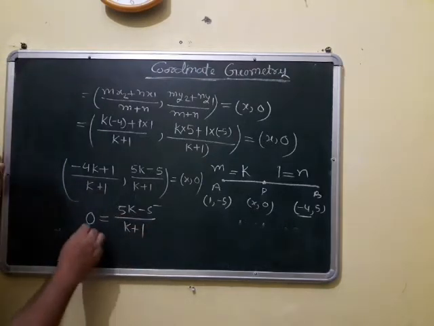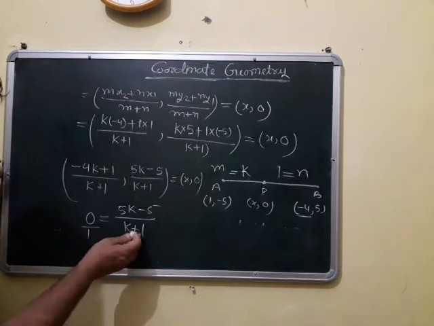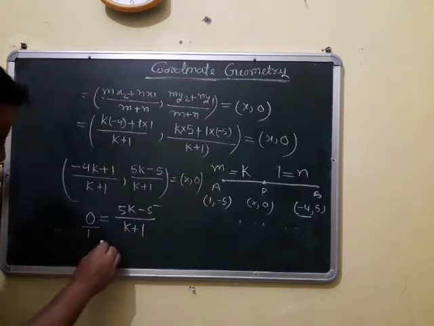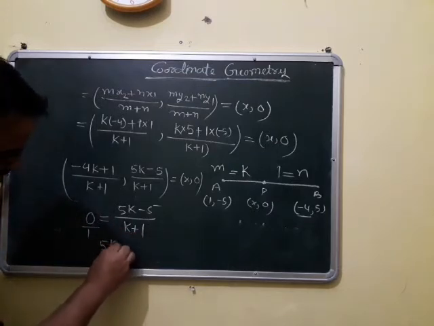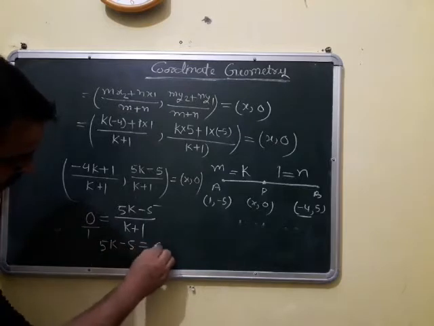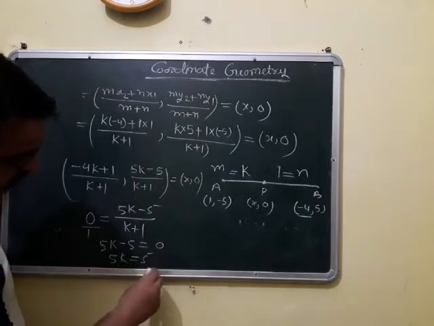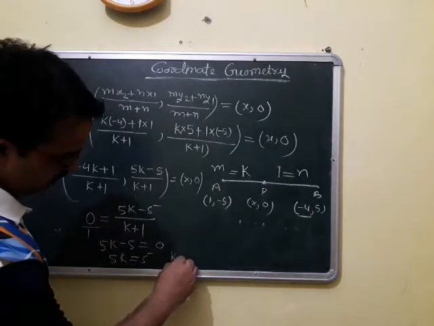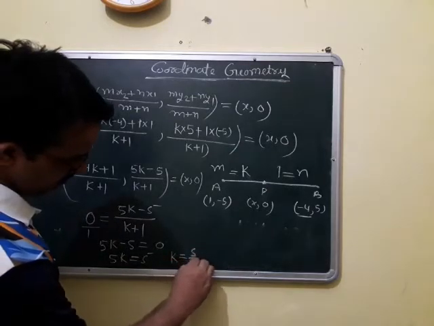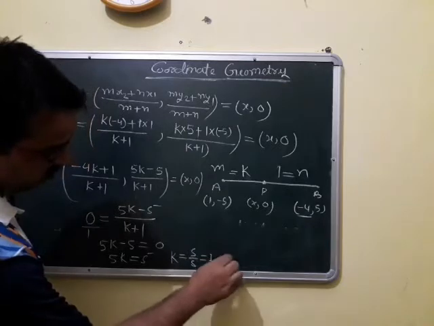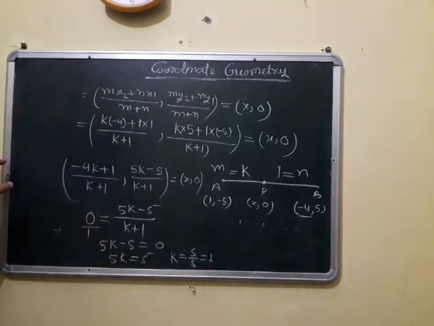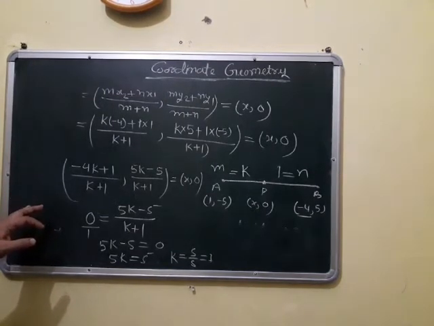When we cross multiply this, what do we get? 0, and 5k minus 5 is equal to 0. So 5k is equal to 5. So k is equal to 5 by 5, we get 1. K is equal to 1.